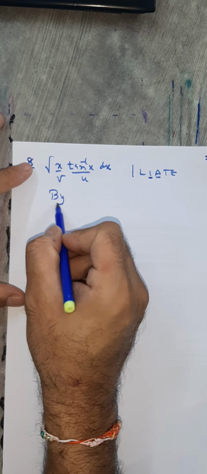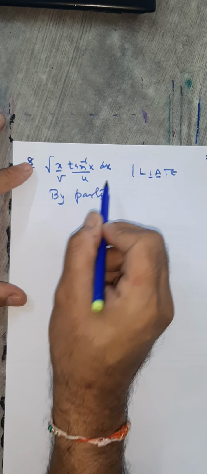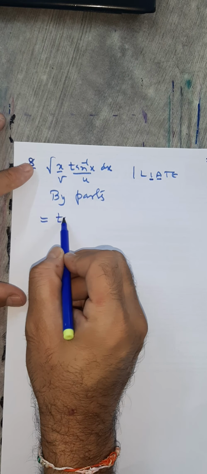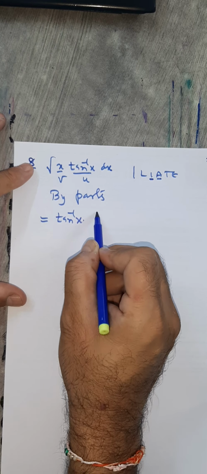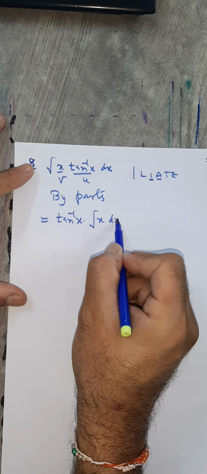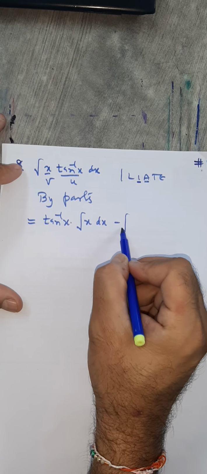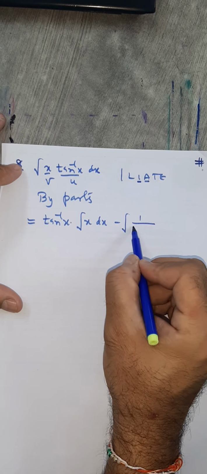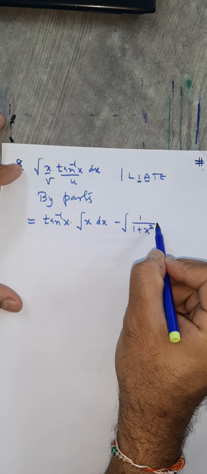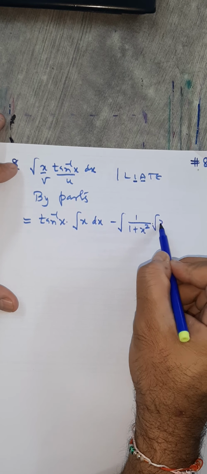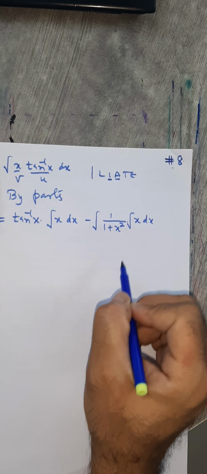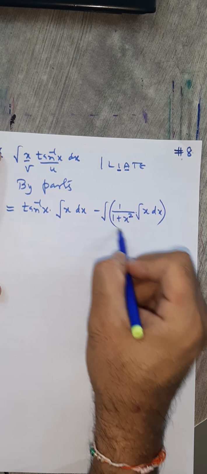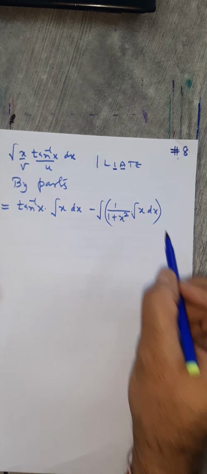So we do it by parts here. Tan inverse x will come outside into integral of x, minus, inside the integral, derivative of tan inverse x, which is 1 upon 1 plus x squared, into your integral of x, and then whole dx here.